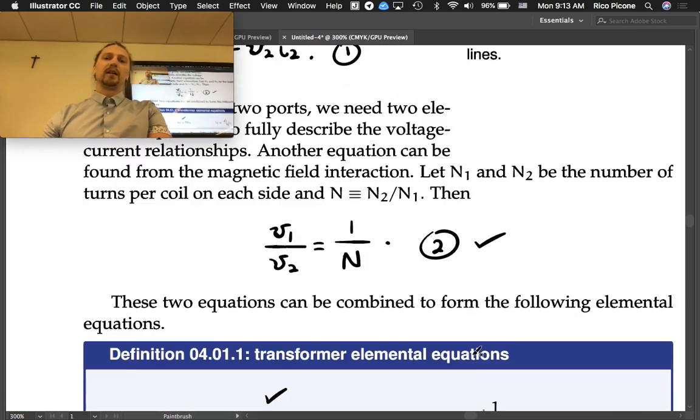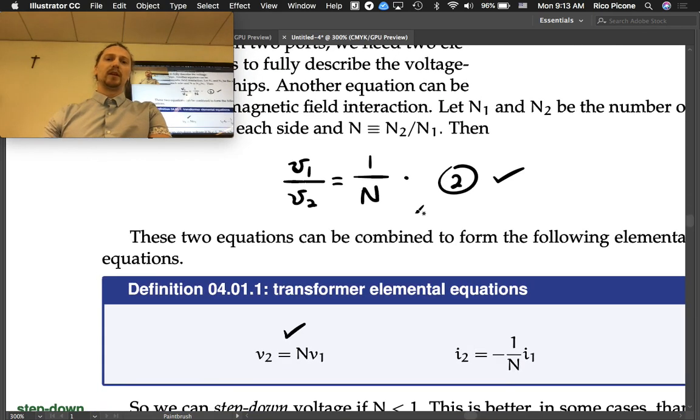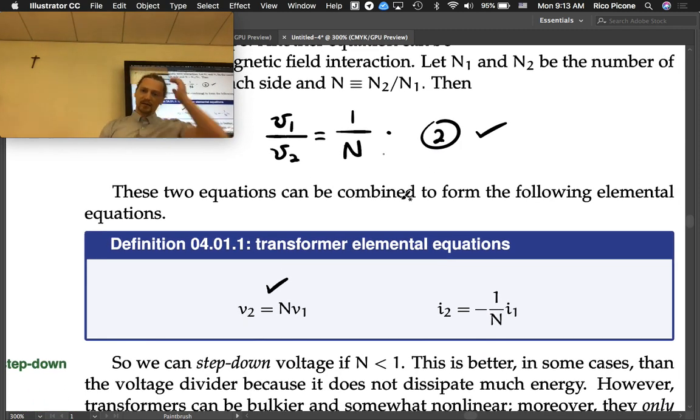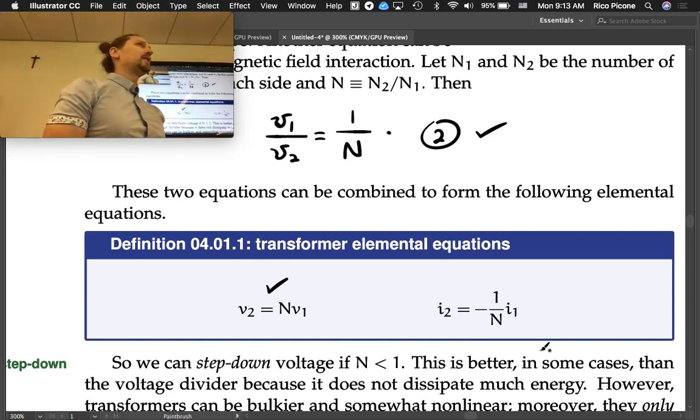The other one can also be shown to be true using the second one in the first one. So we have a relationship between the voltage on one side and the voltage on the other side, and a relationship between the current on one side and current on the other side. These two equations are the elemental equations for a transformer.